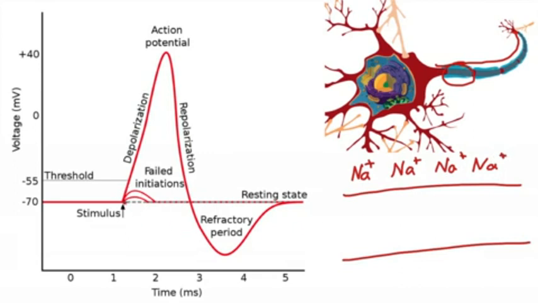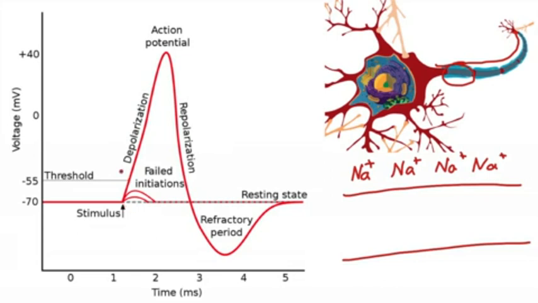Now let's look over here. Here we have a stimulus that's happening, and you can see there's a first stimulus that does not reach threshold, so nothing happens. Another stimulus comes, it does not reach threshold, so we still do not get an action potential.